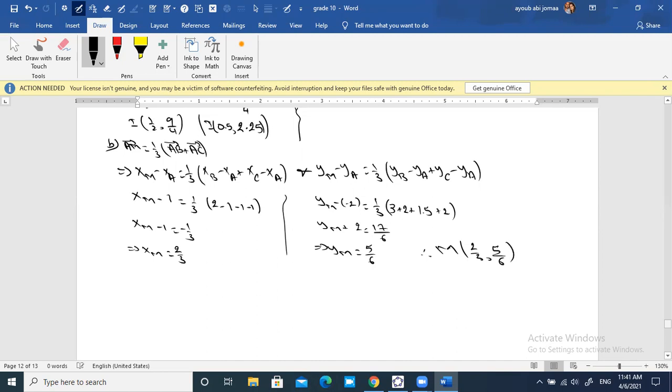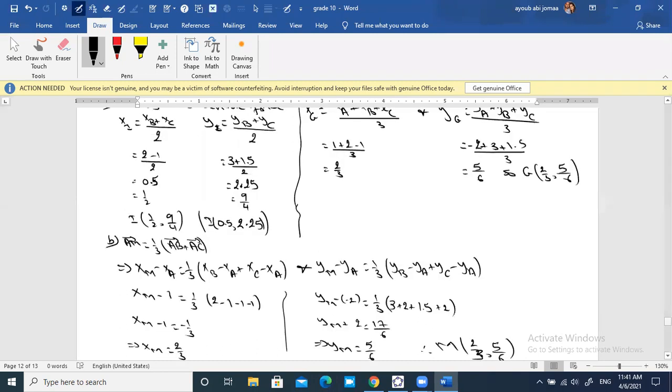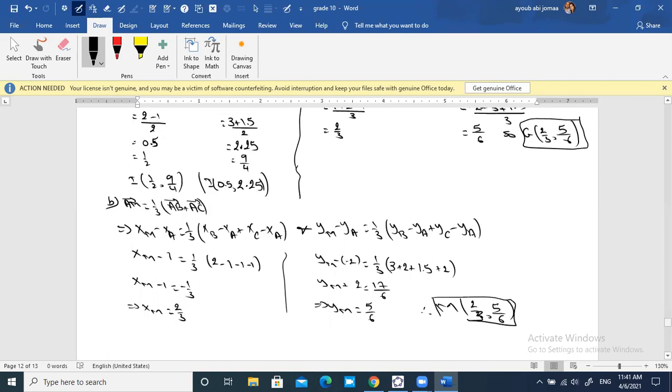The second part of the question: compare M to G. The coordinates of M equal the coordinates of G, so point M is point G. M coincides with G, or M and G are confounded.